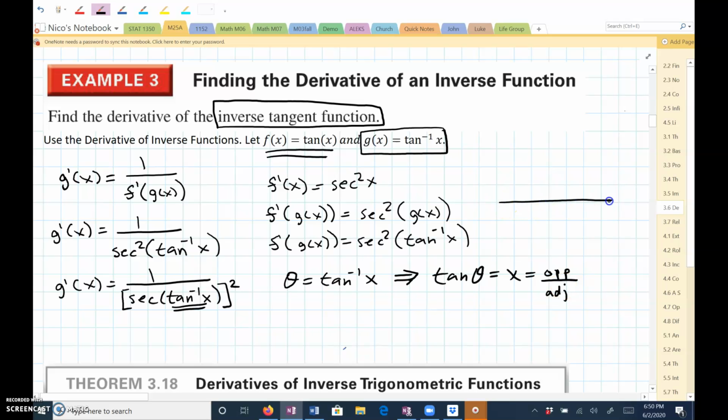So if I drew a triangle here, here's theta. The opposite side would be x, and the adjacent side, notice here, would be 1. So we can find the hypotenuse by doing 1 squared plus x squared equals r squared. If I square root both sides, r would equal the square root of 1 plus x squared.